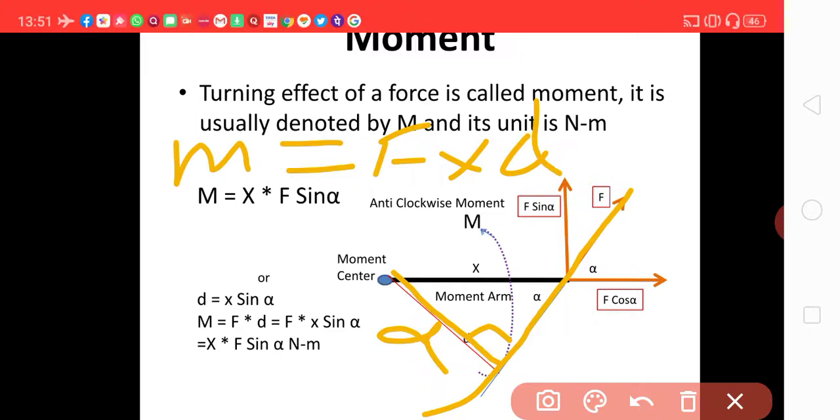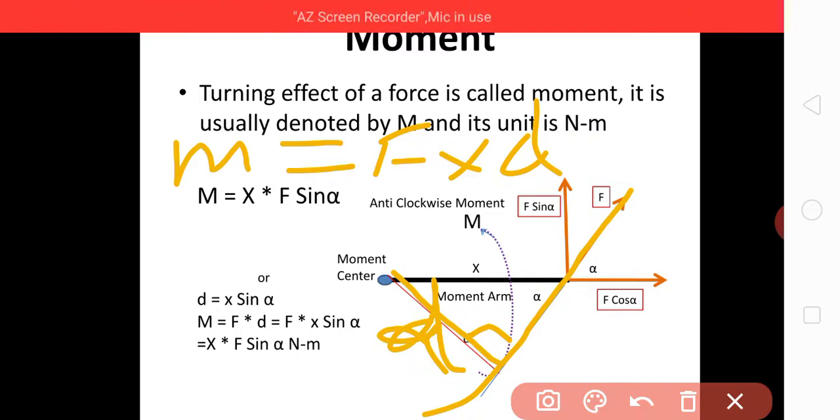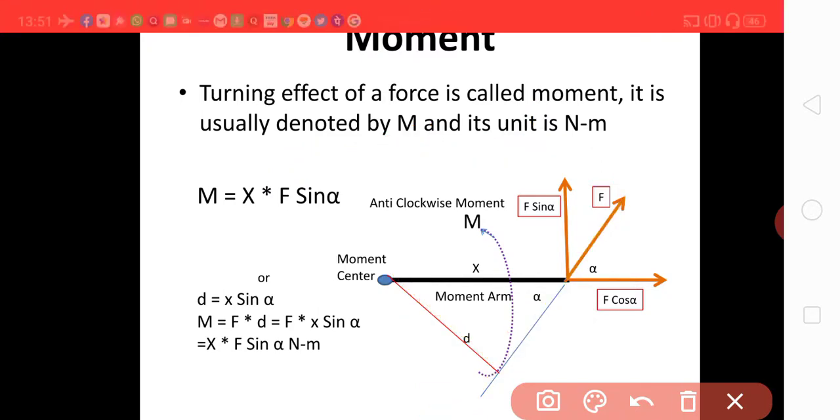But D is unknown. So to know it, we will make use of this angle alpha and the moment arm X. The opposite angle, this angle is also alpha, as we know.